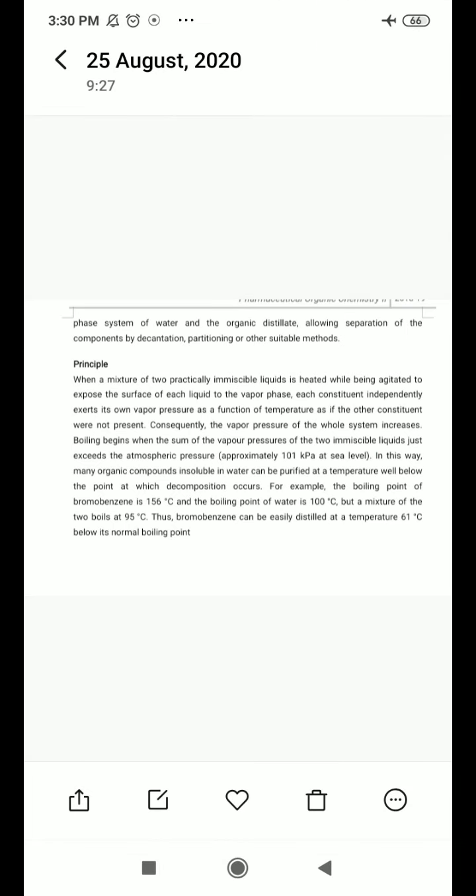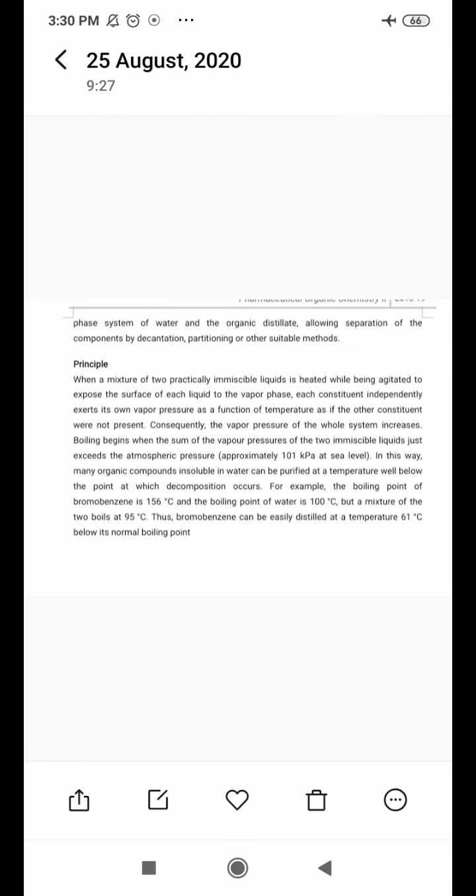The chemical nature of the compound is maintained throughout this procedure, because steam distillation does not interfere with its chemical nature. These are some important applications of the steam distillation process.